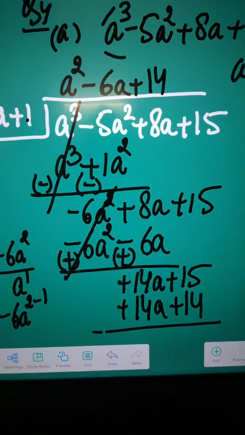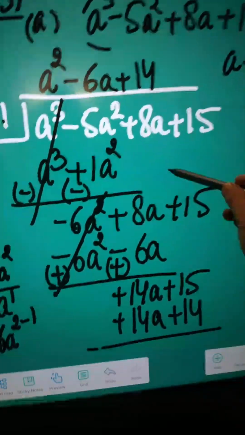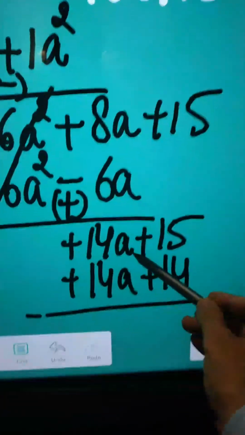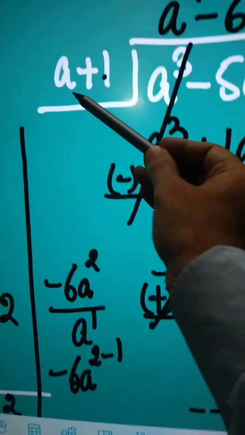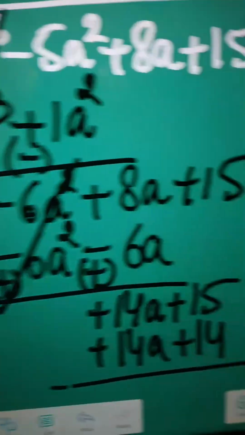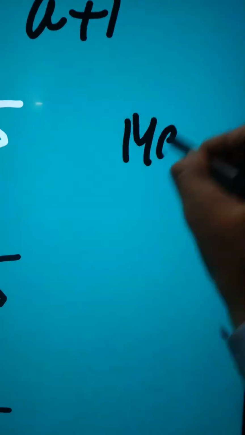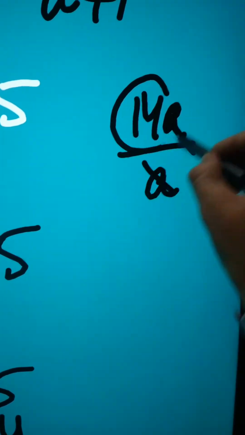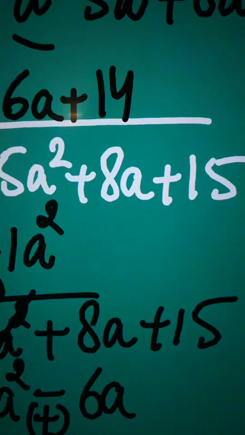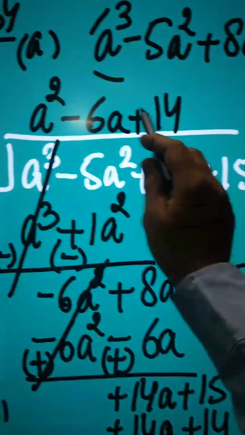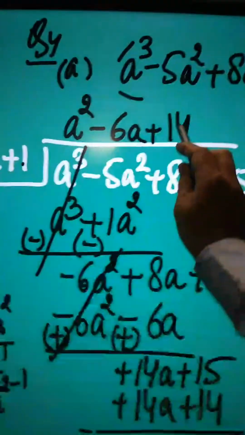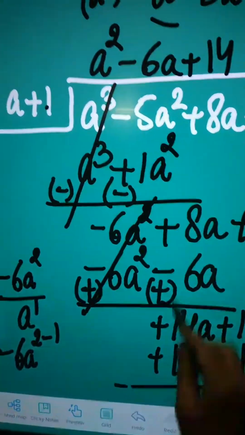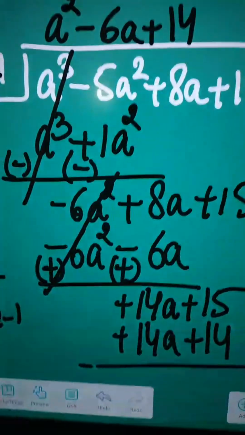So 14, how did it come? Because I am dividing 14a by a. 14a divided by a gives me how much? This 14. So this 14 I have written here. Now 14 into a is giving 14a. 14 into 1 is 14.